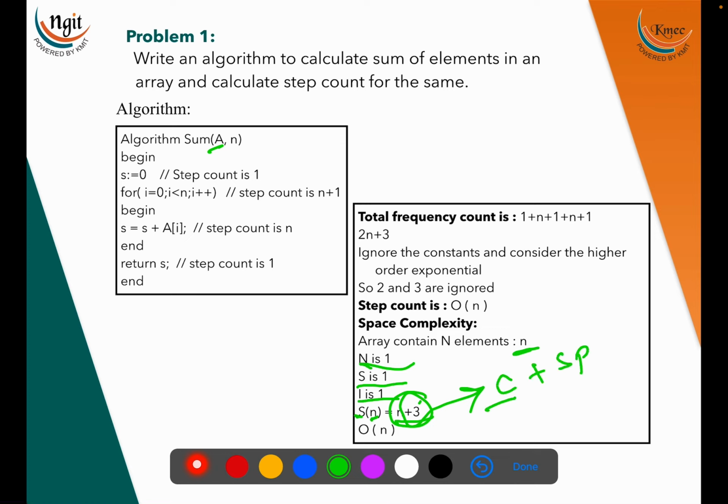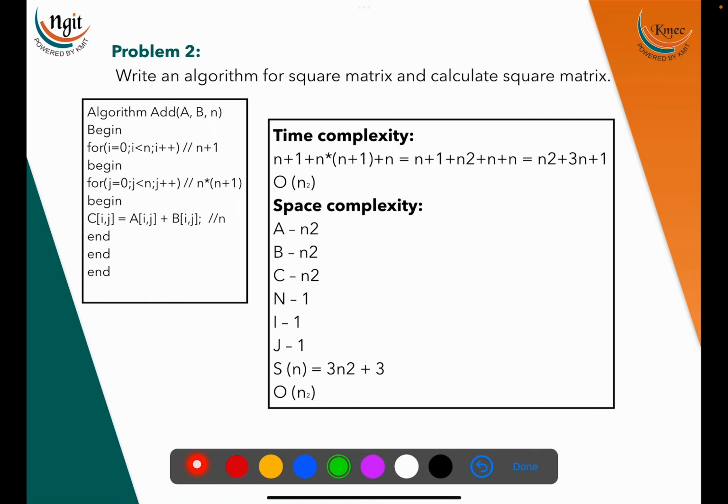C is the fixed part of the variables, and Sp is the variable part. Generally, in an algorithm we find the variable part and the fixed part. The variable part is this n, and the fixed part is n, s, i, which is 3. And n is the variable part.